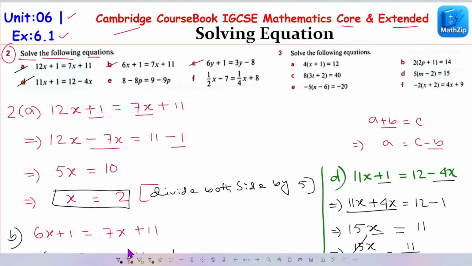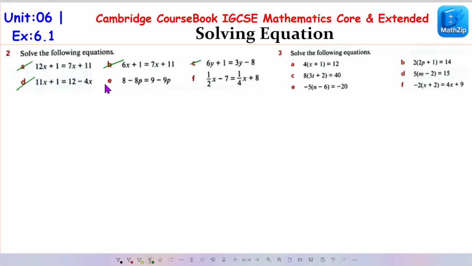In this video we also try to solve number 3. Here is also exercise 6.1. So now number E. A, B, C, D. Number E: 8 minus 8p equals 9 minus 9p.